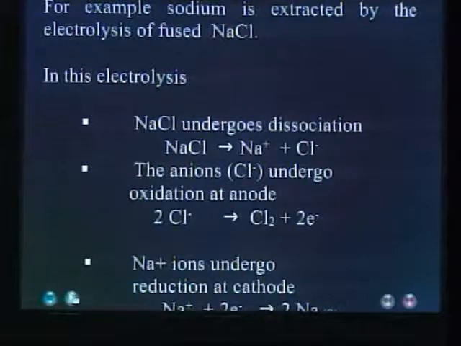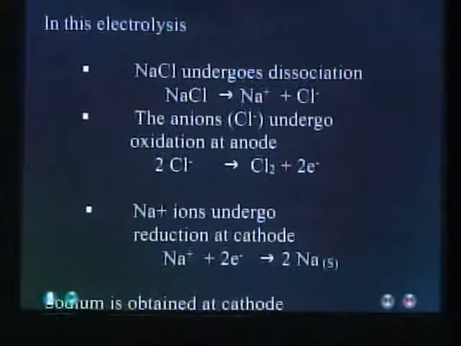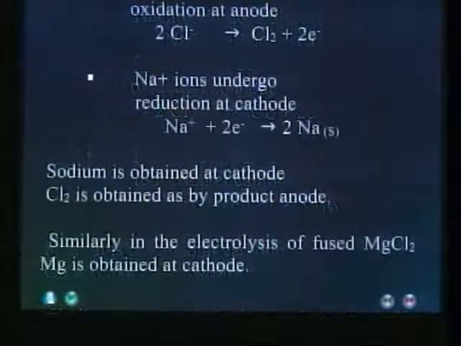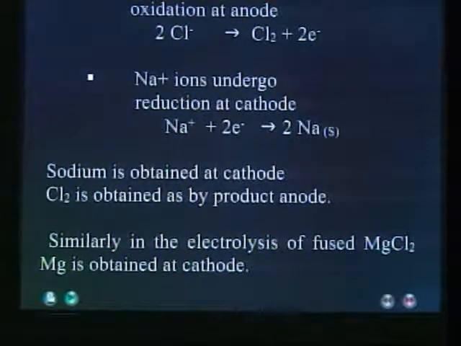Meanwhile, the Na+ ions undergo reduction at the cathode to give sodium. Sodium is deposited on the cathode, which is taken out from time to time from the cell. Similarly, in the electrolysis of fused magnesium chloride, magnesium is obtained at the cathode.